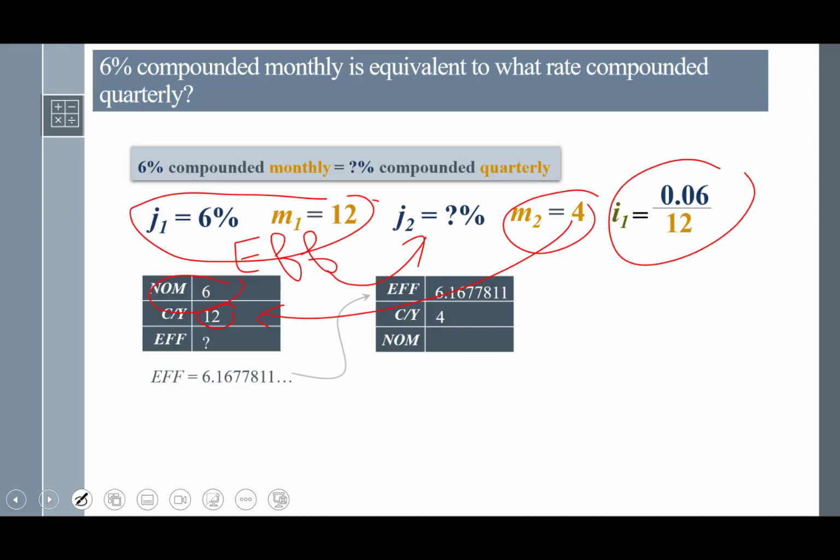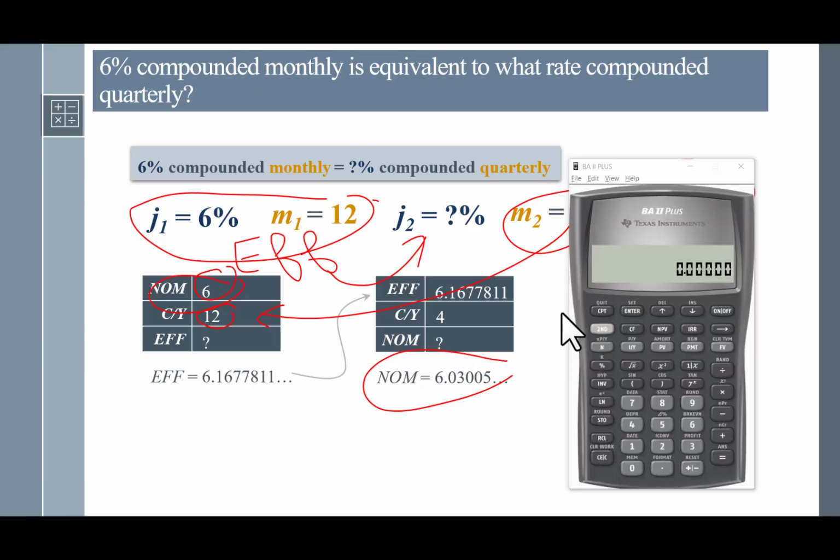So we're going to use the effective, change CY, calculate the new nominal interest rate. And that would be our answer. So 6% compounded monthly is equivalent to 6.03% compounded quarterly.